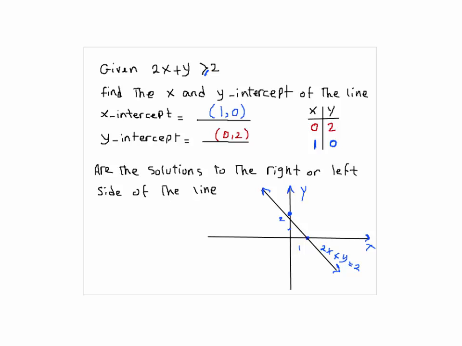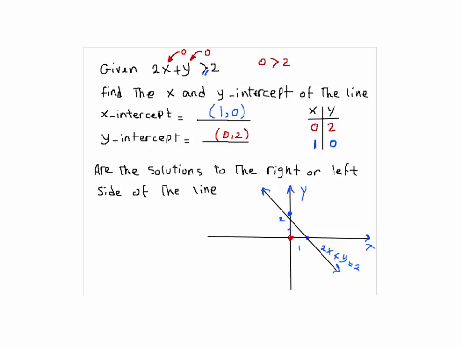Eric, you want to tell me what do you do to find the solutions after you graph the line? You use 0, 0. Very good. So use a test point. 0, 0 would be a good test point. If I check and see if this 0, 0 is a solution, if I substitute for each x and for each y 0, then I would get 2 times 0 plus 0 would be 0, 0 greater than 2.